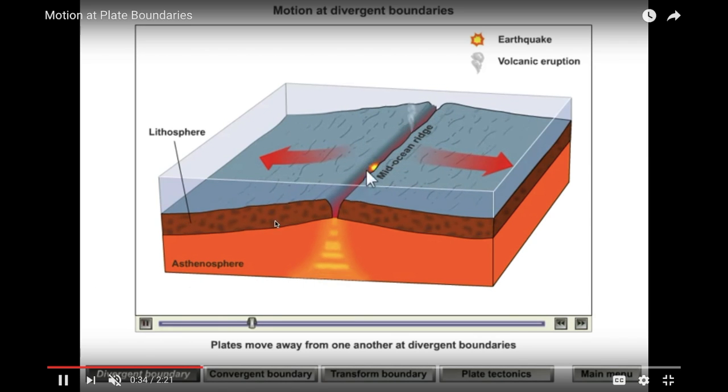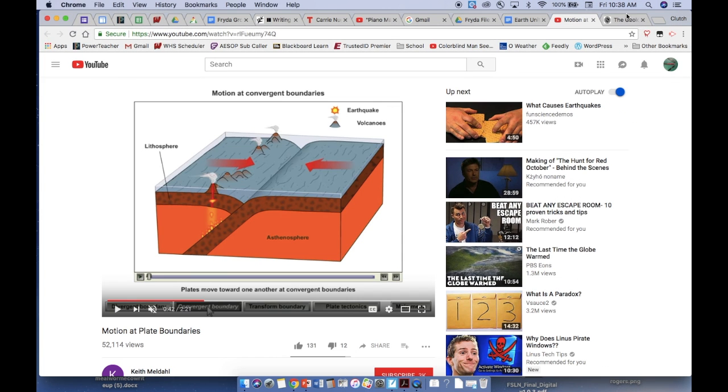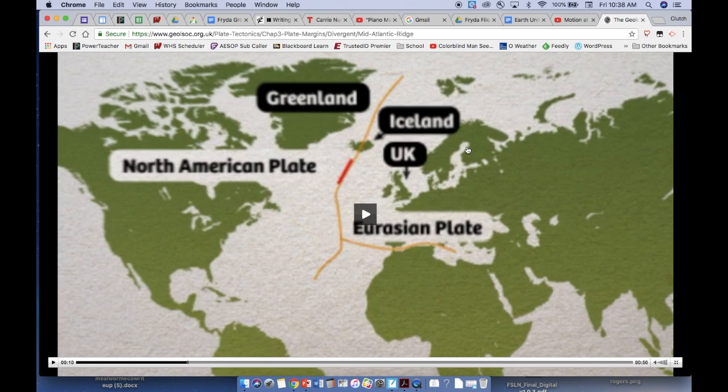So this is the basics of how divergent plate boundaries work. The crust is separating along the line in the middle. Magma, which becomes lava, fills in the gap and solidifies to become new rock. Now, let's compare this to some of the things that have happened with use of technology to understand what was going on. Because remember, these motions happen over thousands of years. Ain't nobody got time to wait thousands of years to determine what happens, and so we've had to seek other evidence of what's happening.